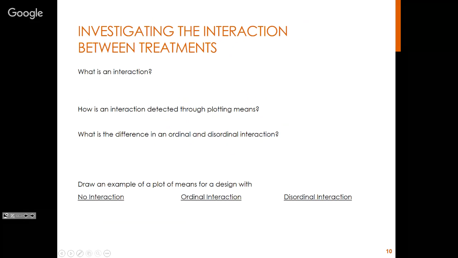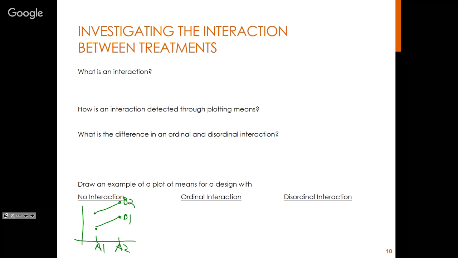What does it look like on a plot? So if there's no interaction, it will be perfectly parallel. Okay, so no interaction implies that, let's see, this will be A1 and A level 2, and we'll say B1 at A1 and A2, and then B2 at A1 and A2.